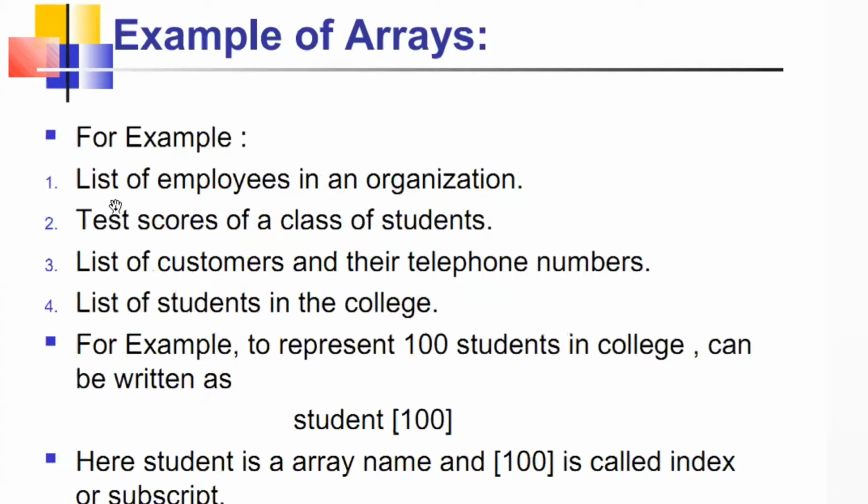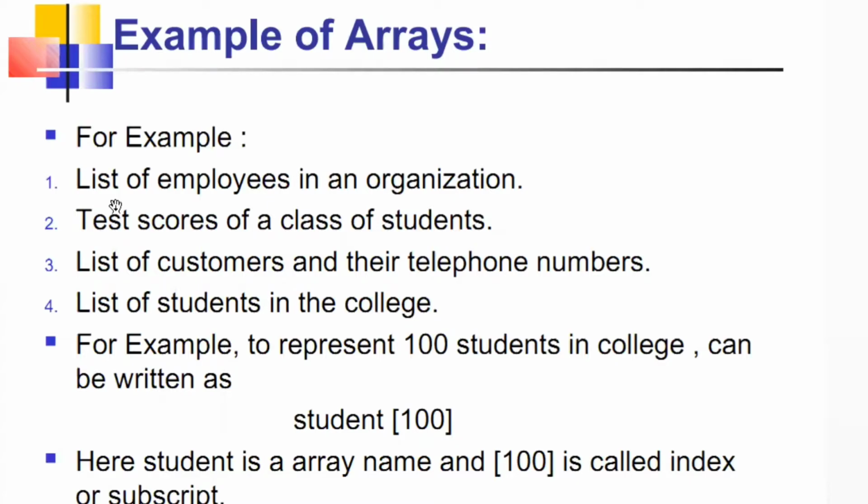For example, first, list of employees in an organization. Second, list of test scores of a class of students. Third, list of customers and their telephone numbers. List of students in the college.